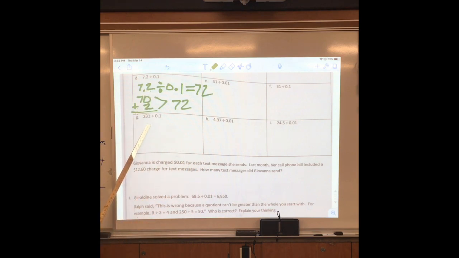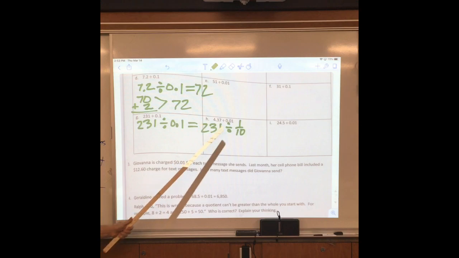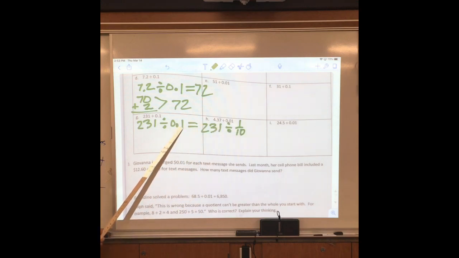This looks like a big giant one, doesn't it? We have 231 divided by 0.1, which would equal 231 divided by 1/10. We're talking about dimes, right? These are dimes. Okay, so how many dimes do we have total?